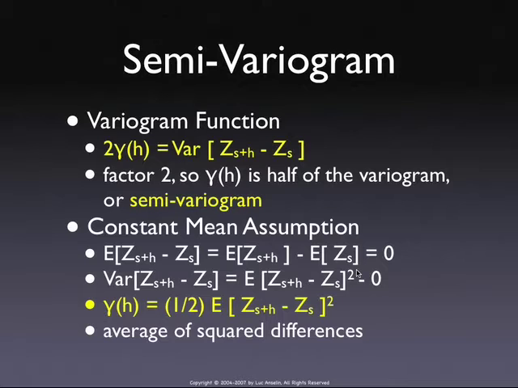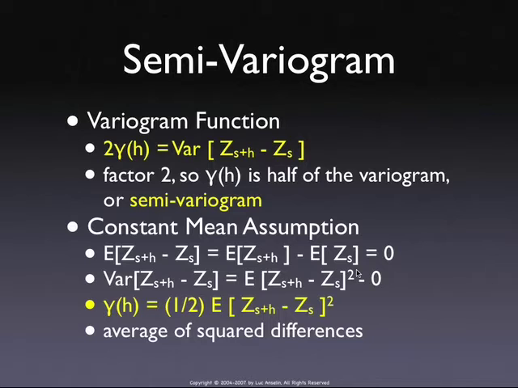Now, this variance as such is called the variogram. Half of it is called the semi-variogram. Now, this is important. You may think I'm just making life complicated.